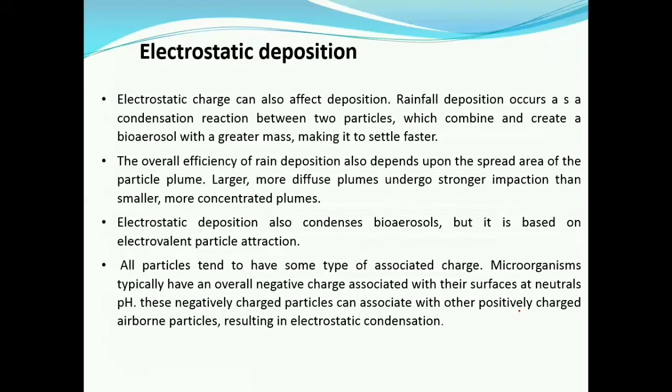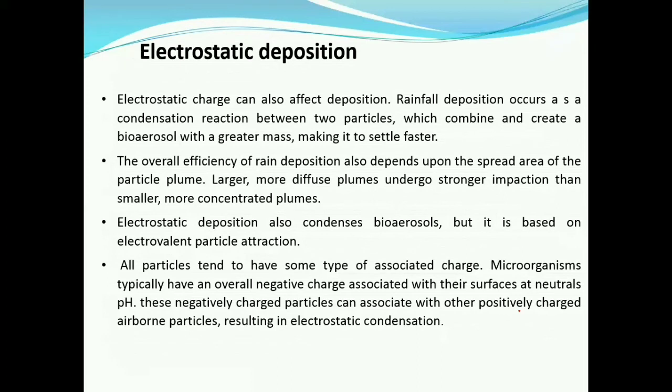The last one is electrostatic deposition. Electrostatic charges can also affect deposition. Rainfall is mostly used for rainout deposition. Rainfall particles contain microorganisms, and this occurs as a condensation reaction between two particles, which combine and create an aerosol with greater mass, making it settle faster.